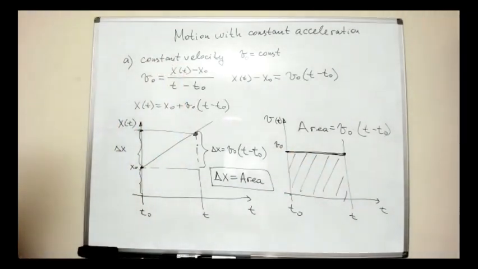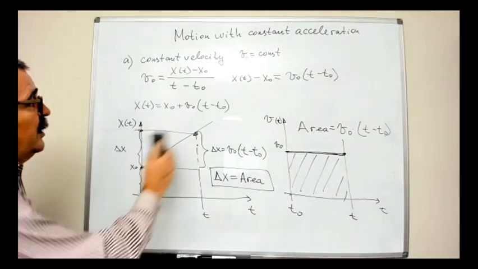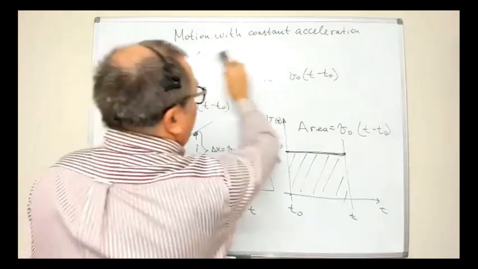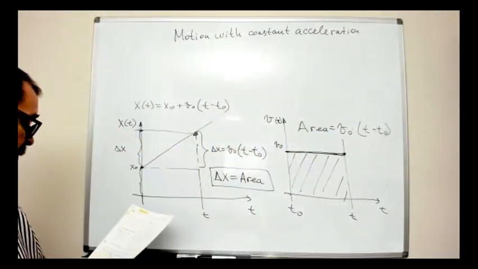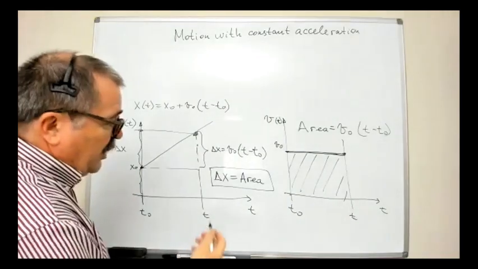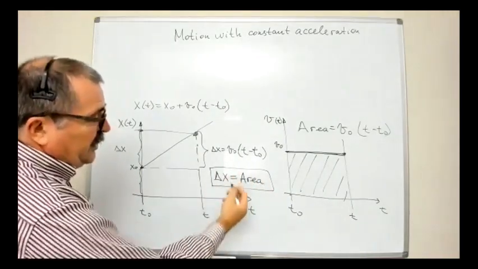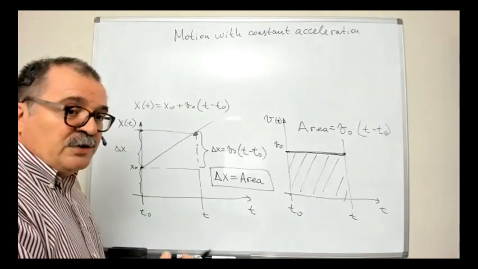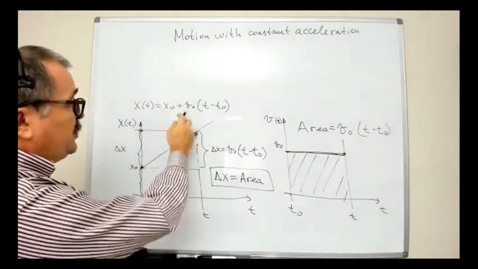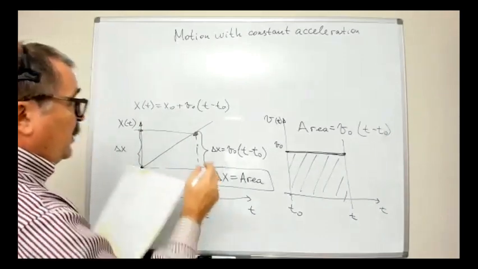To understand this relation, let me write a little bit. What I'm trying to say is that this relation, delta x equal to the area, is valid in the general case, not necessarily when the velocity v0 is constant.